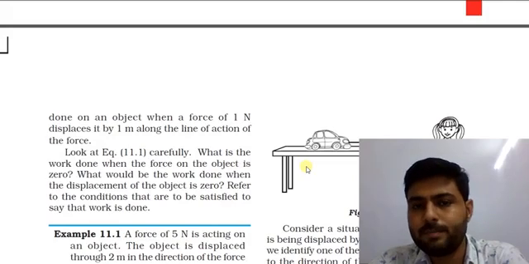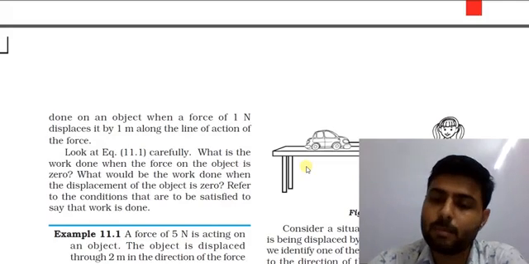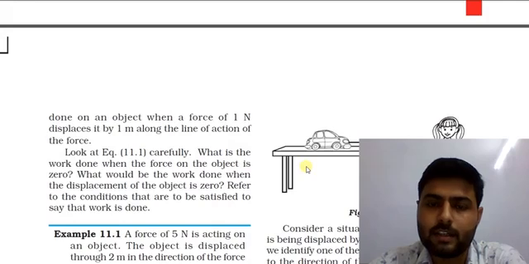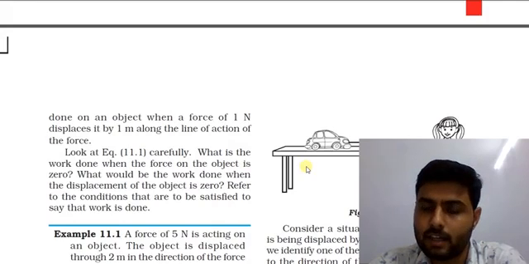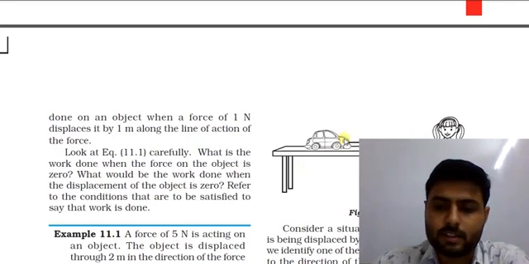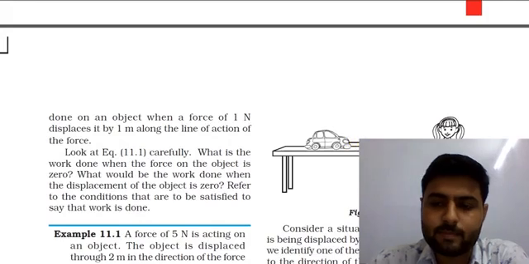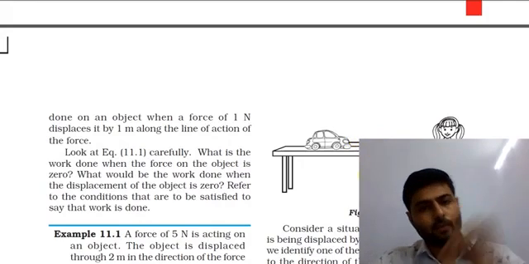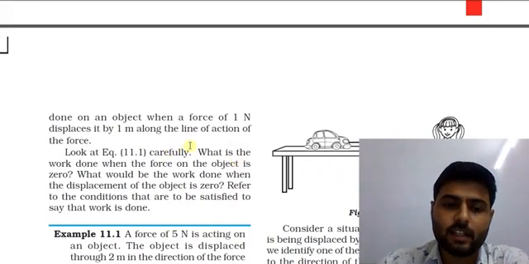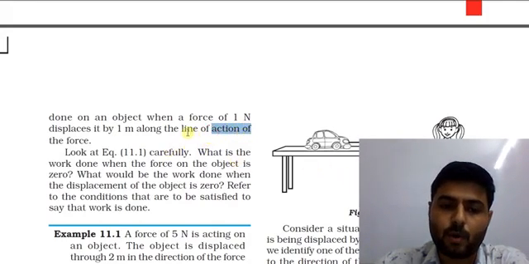In this example, you can see figure number 11.4, a girl trying to pull the toy car towards her. In the figure, the direction of the thread is the direction of force, and that is the action of force, or say line of action of force.